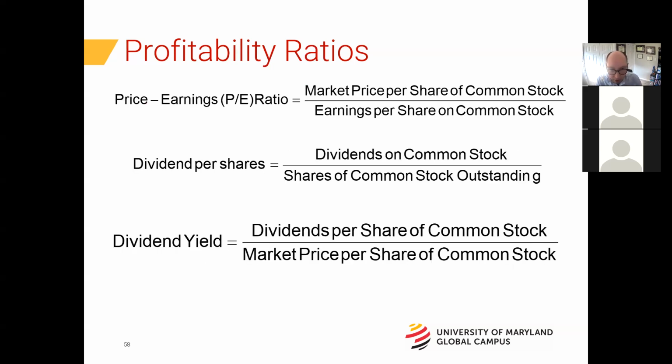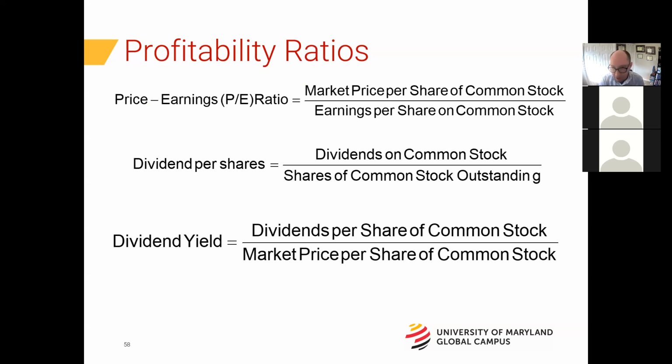Here's three more, very similar in nature. Price earnings ratio: market price per share of common stock divided by earnings per share of common stock. Both of those will be given to you. Market price is on the open exchange, so on the NASDAQ, on the S&P 500, on the New York Stock Exchange. This is the market price per share divided by earnings per share, which will be given.